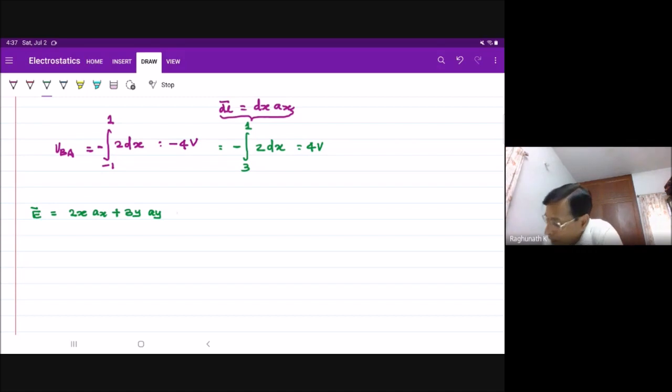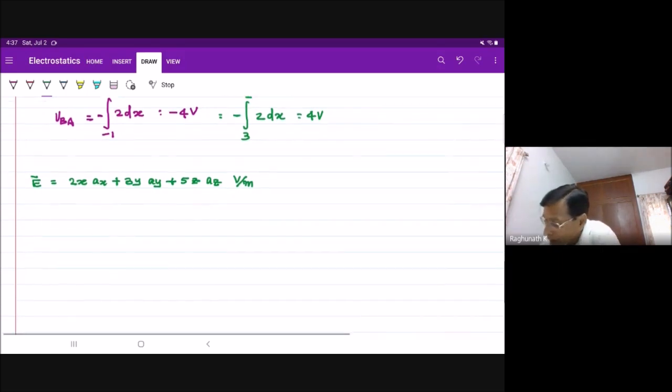Or I'll say in general it is plus 5z az. Just like that I took. So many volt per meter electric field intensity.